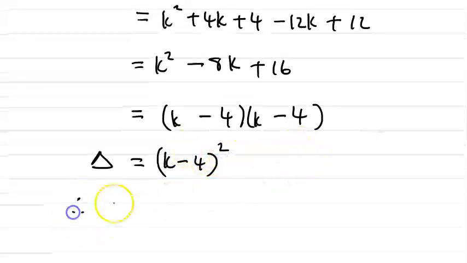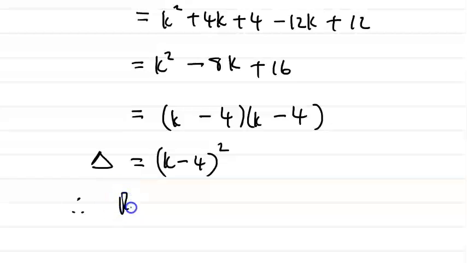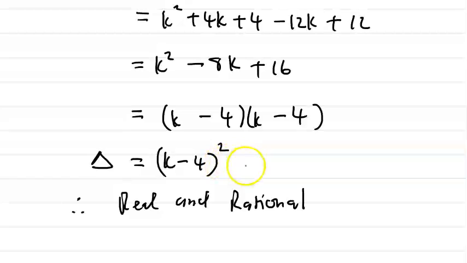So therefore, we can conclude that it will always be real and rational. Once again, why is it real? It's real because delta will always be positive, which is greater than or equal to 0, and rational because it's a perfect square. So learners, that answers this particular question.